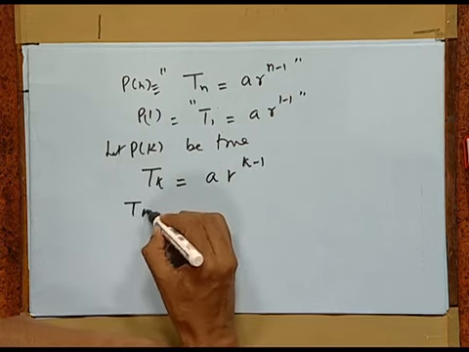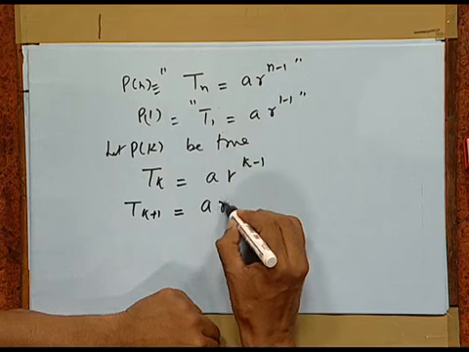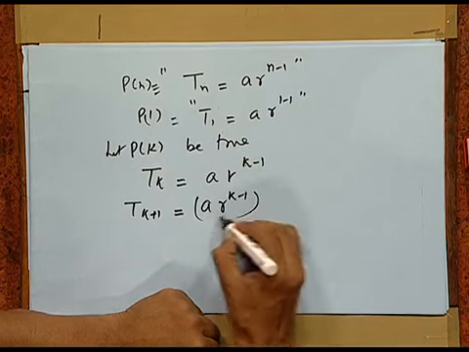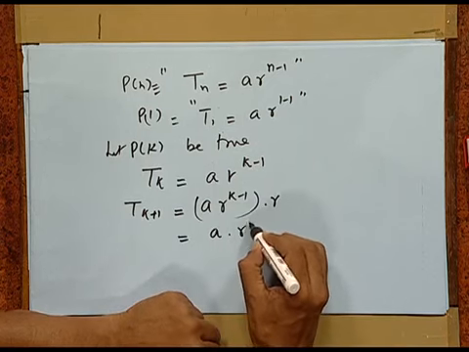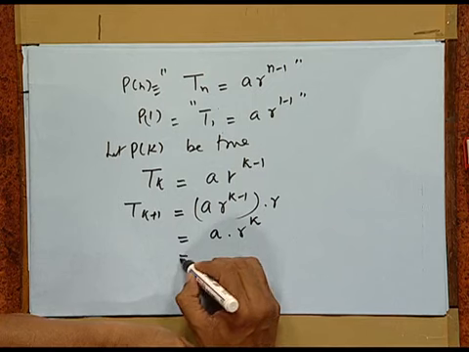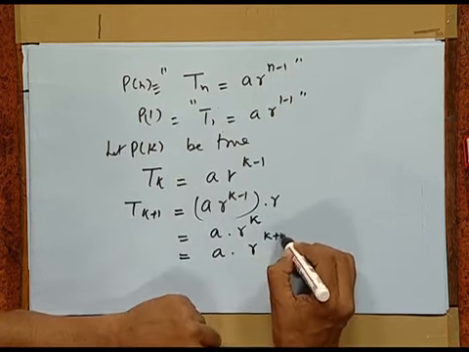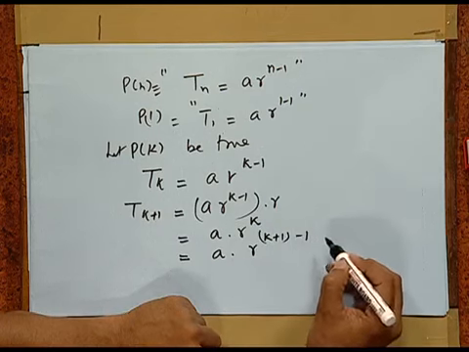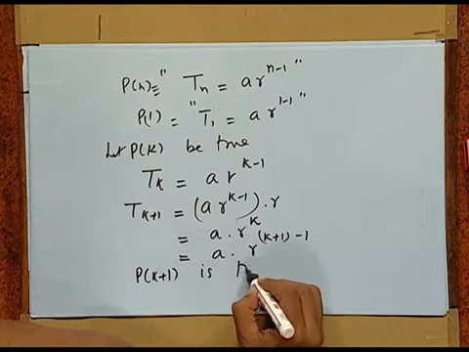Now, for Tk plus 1, we require A times R raised to power k minus 1, whole times R. That gives A times R raised to power k, which equals A times R raised to power k plus 1 minus 1. Thus, Pk plus 1 is true.